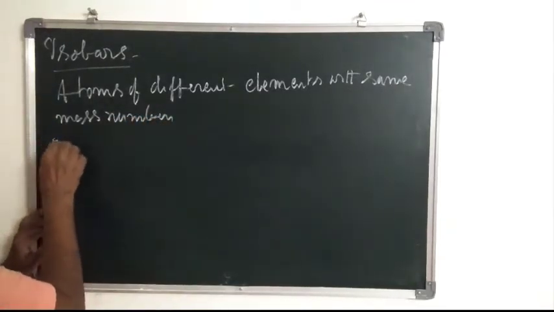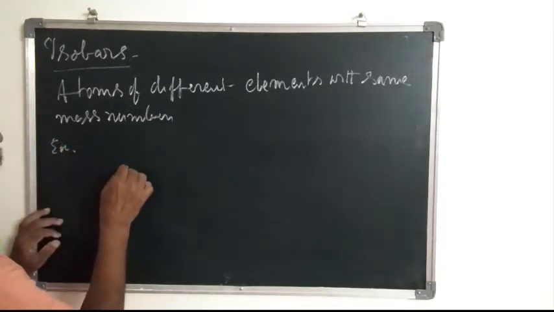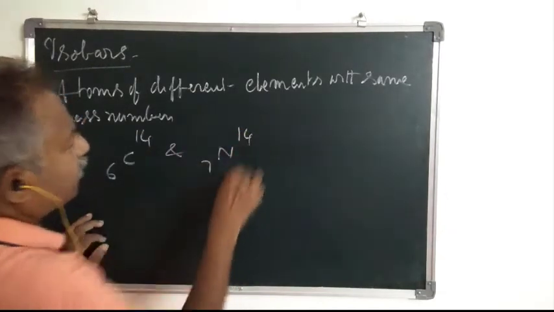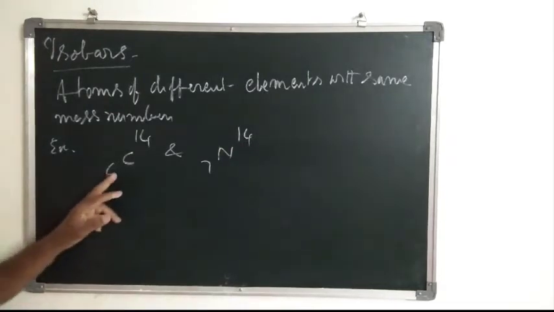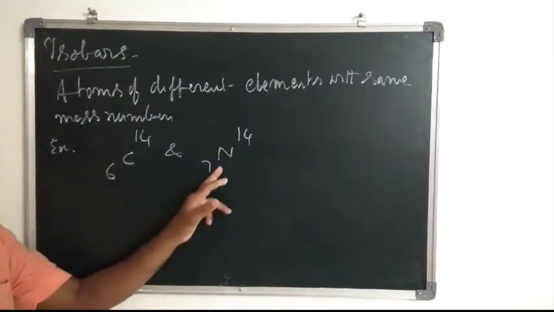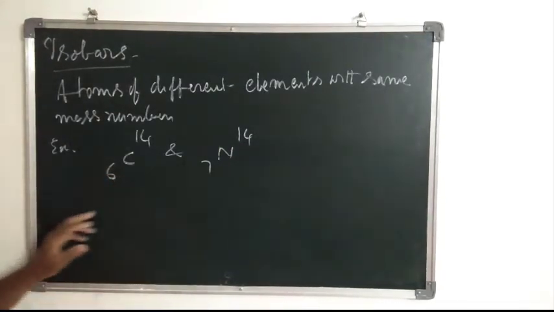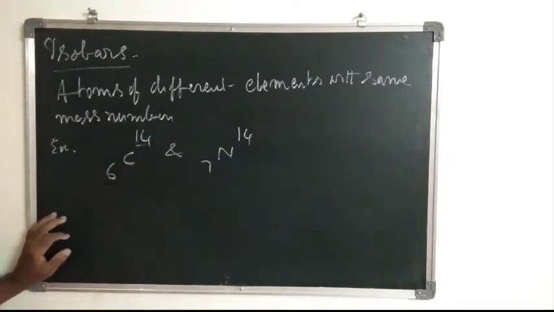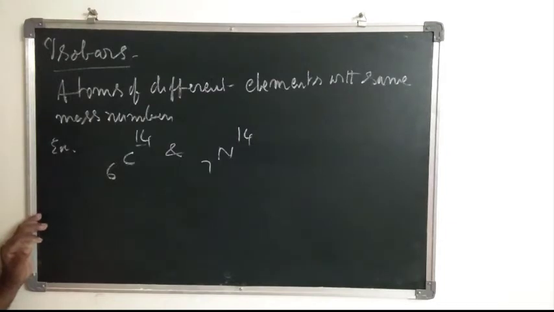So let us take an example. Carbon C-14 with atomic number 6, whereas nitrogen N-14 with atomic number 7. See here, atomic number of carbon is 6 and that of nitrogen is 7, whereas mass number is 14 for both. So mass numbers are same but atomic numbers are different, which means they belong to different elements but their mass numbers are same.